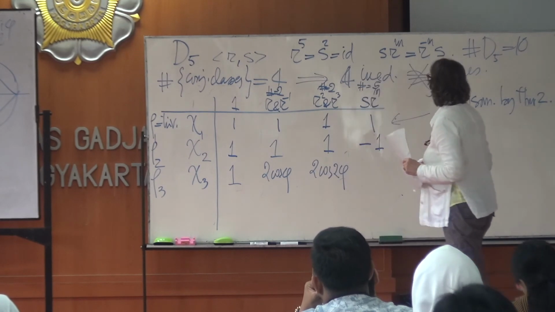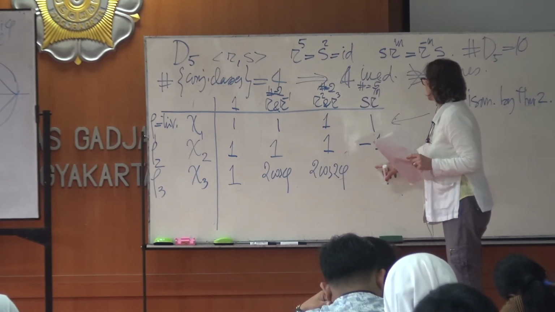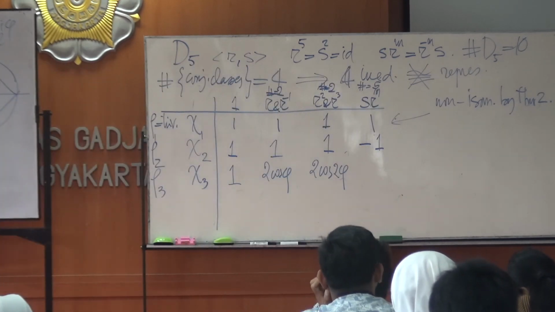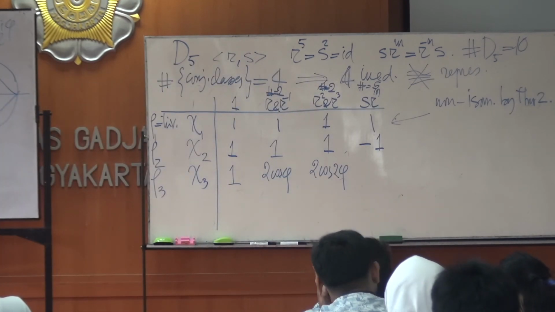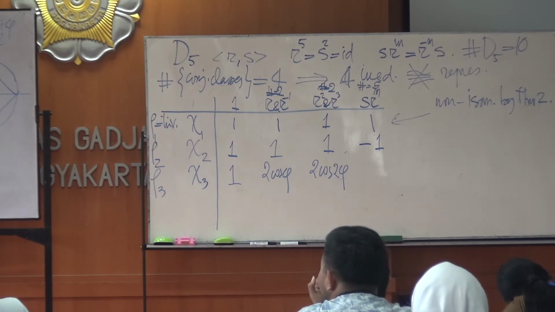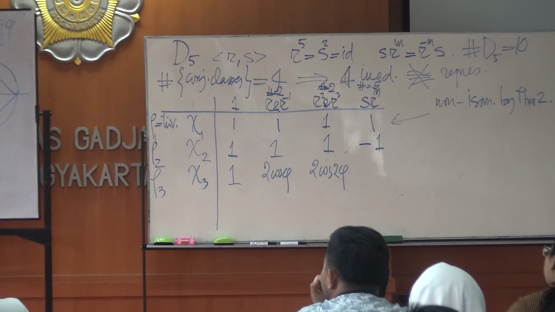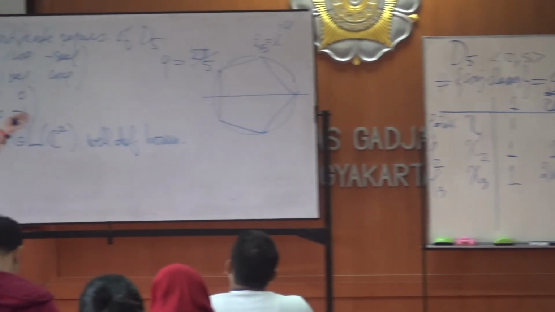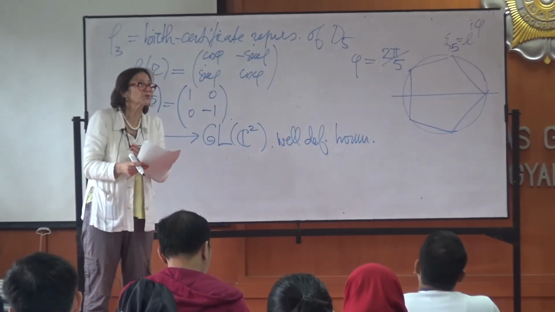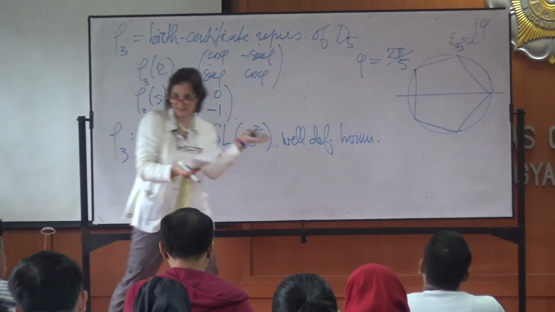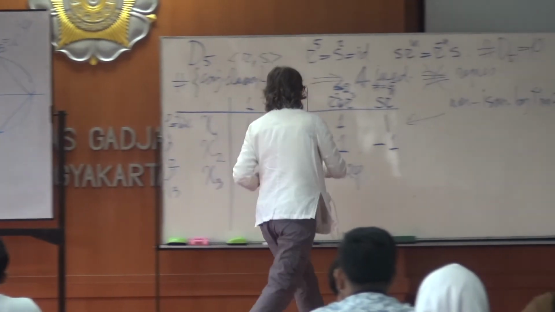And if we compose two matrices of this type, we get a reflection, and a reflection always has trace 0. An orthogonal reflection in R2 has an eigenvalue equal to 1 and one equal to minus 1. The fixed line is the 1-eigenspace, and the other is the minus 1 eigenspace. So we always get 0.